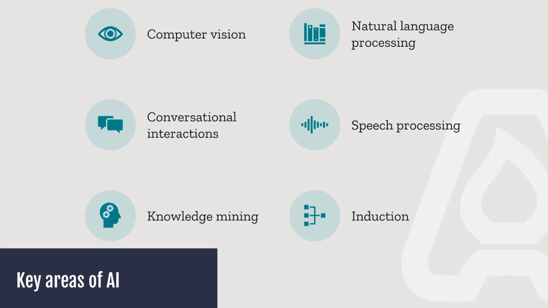We can use natural language processing to process the text from field reports and news and academic papers to be able to extract insights about what's happening. Conversational interactions allow us to add chatbot type interfaces to our processes so that people can have a more intuitive way of interacting.